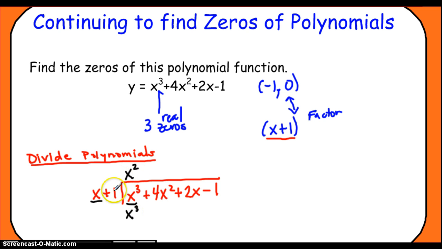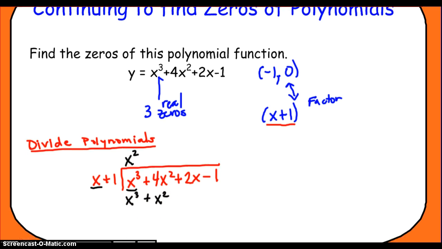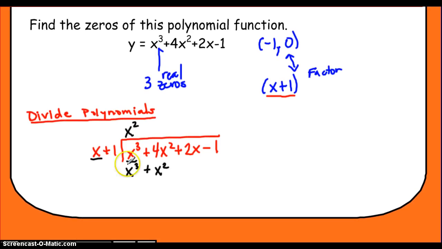And then you have to also distribute it to this plus 1, so x squared times 1 gives me plus x squared. And if you remember when you did long division back in 3rd grade, you then subtracted. So x cubed minus x cubed, 0. 4x squared minus x squared, 3x squared. Then you brought down the next term when you were doing long division.